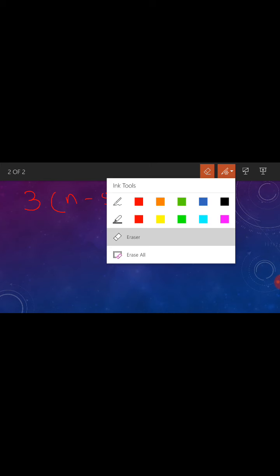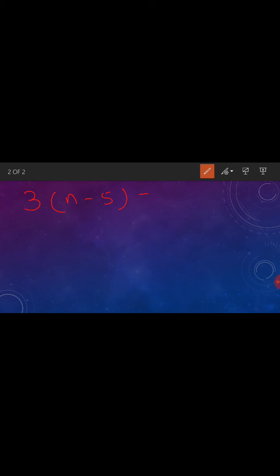Our question is 3 into in bracket n minus 5, which gives you this is equals to 21.